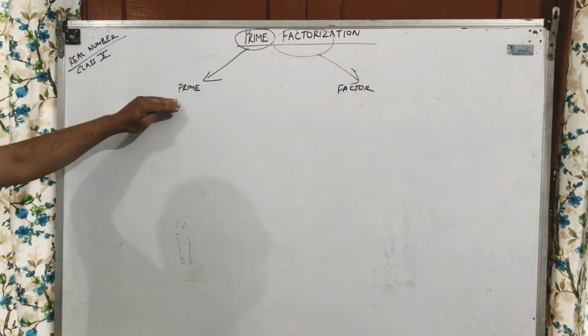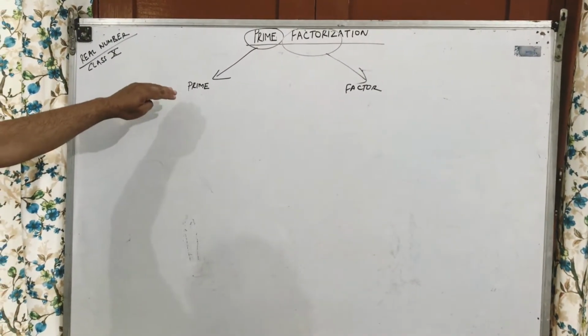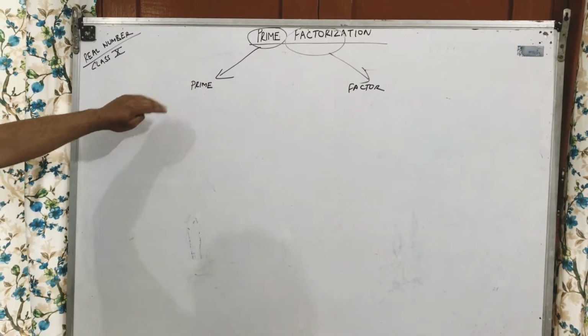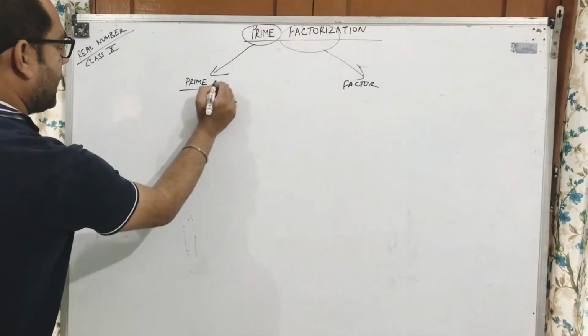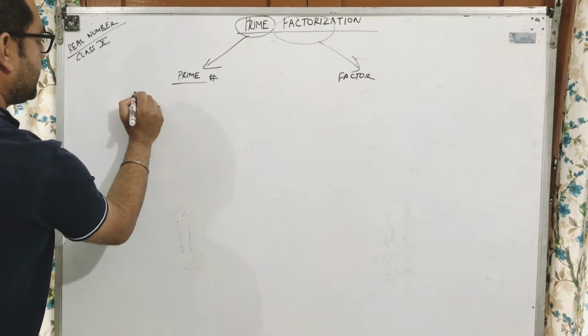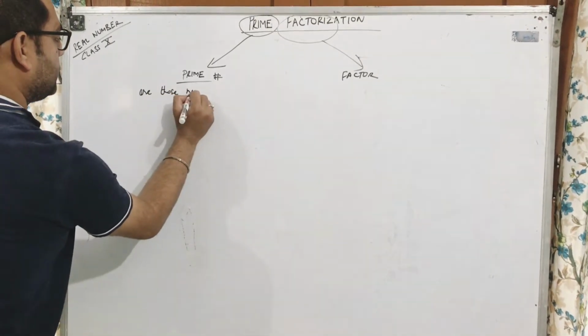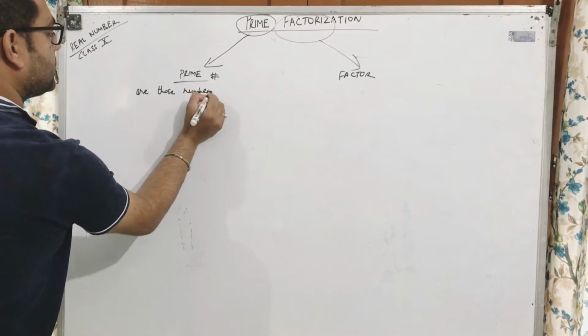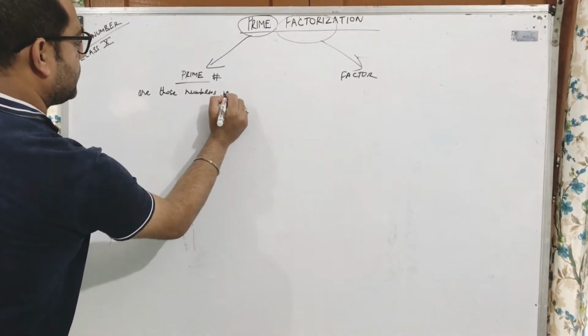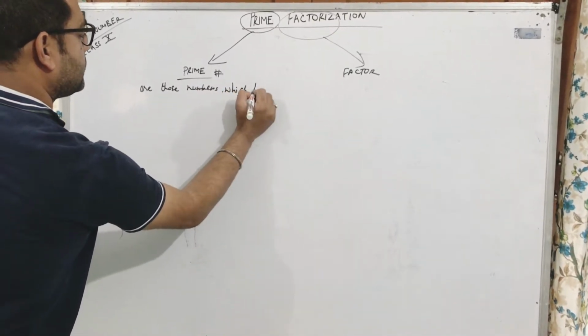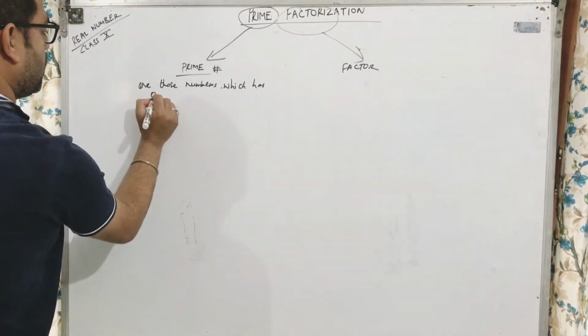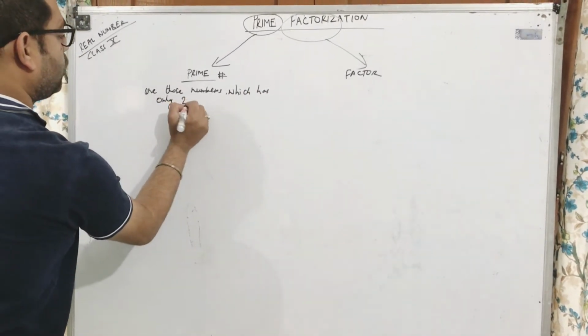Now, if you have seen my last video, you might have learned about prime numbers. Prime numbers are those numbers which have only two factors.